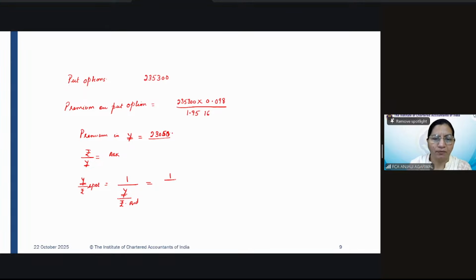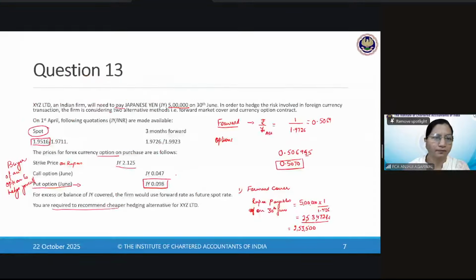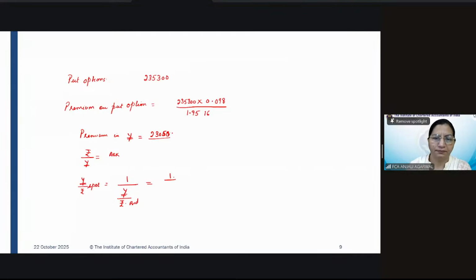It will become 1 upon 1.9516. Okay. So 23060 multiplied by 1 upon 1.9516. This will become the premium payable in rupee.